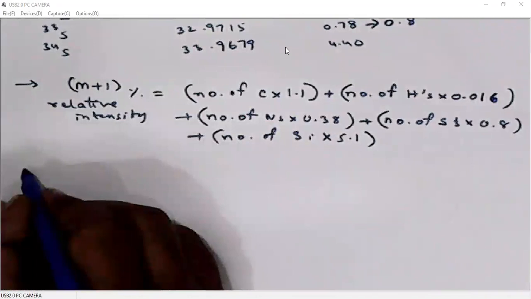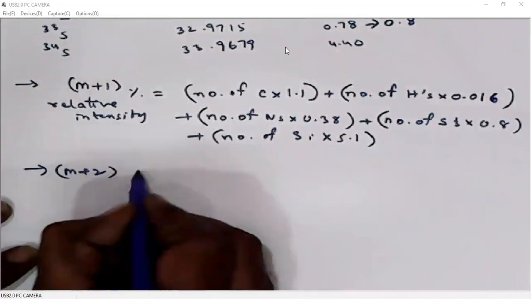Similarly, we can also calculate the M plus 2 peak intensity.